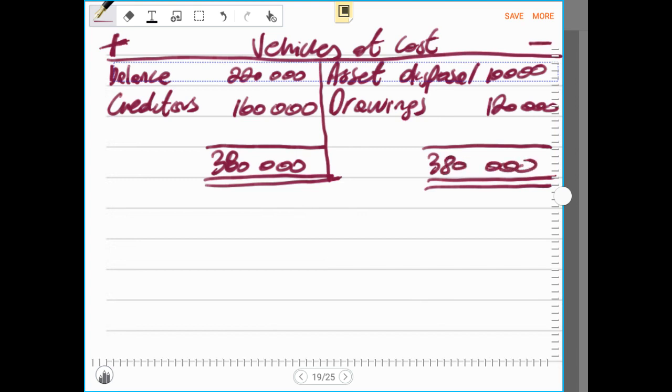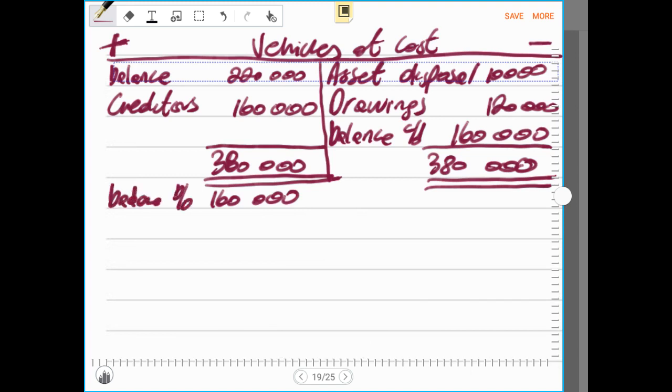You have to say 380,000 rands minus 100,000 minus 120,000 rands. That will give us the balance of the motor vehicles that are still left in the business by the end of the year, a balance of 160,000 rands. And this is the balance brought down at the beginning of the year.